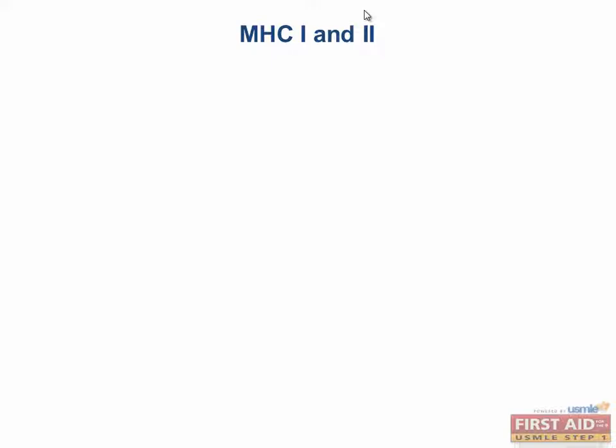We'll talk about the two main types, starting with the first, MHC1, okay? And this is really associated with every type of cell in the body, actually, except for one. Do you know what cell does not possess an MHC1 complex? Red blood cells. Very important to know. Erythrocytes do not have MHC1, all right?